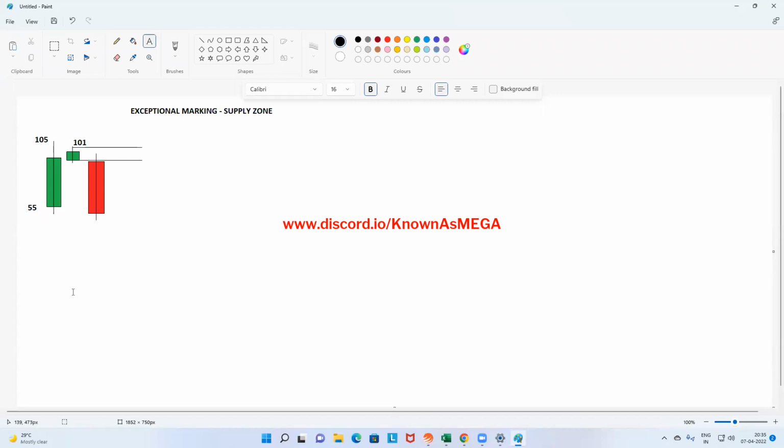Now tell me, correct, Ajit, what you have said is correct. Marking is correct. Lowest body, highest wick we have marked, right? Where did the price reverse from?